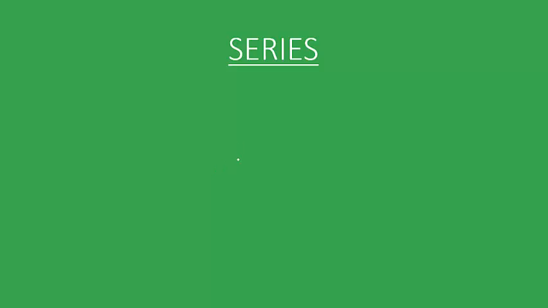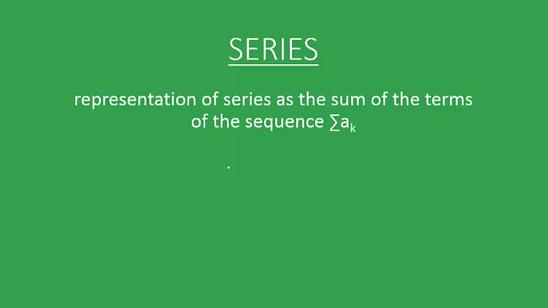Okay, so now after grasping what are sequences, let's see what is the concept of series. So simply, series is the representation of the sequence as the sum. It's not the actual sum, but it is just an expression of the sum, that's called the series.